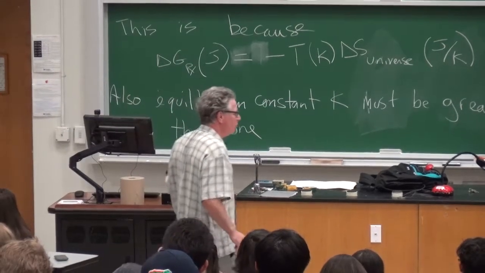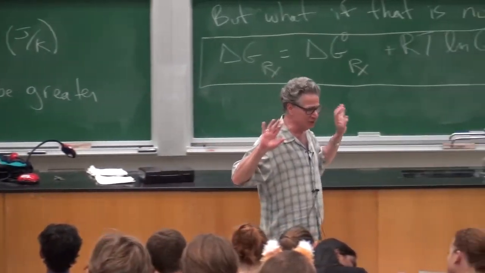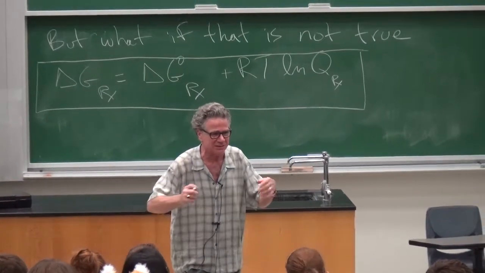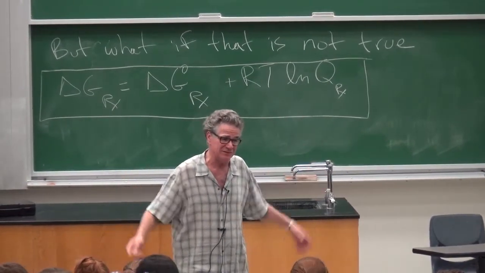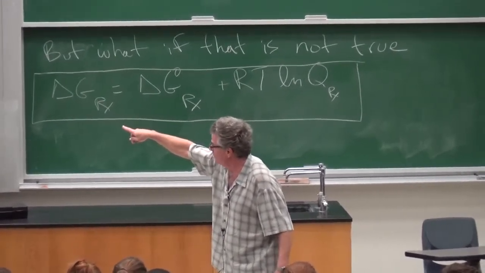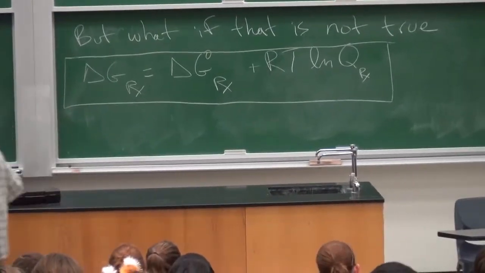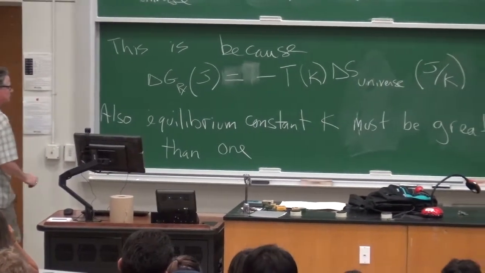We also know that for a reaction to be product favored, it must not violate the second law of thermodynamics. And the second law of thermodynamics says the entropy of the universe has got to increase if the process is spontaneous. So we know also, the second point up there, that delta S universe must be positive. And this beautiful equation ties the two together.